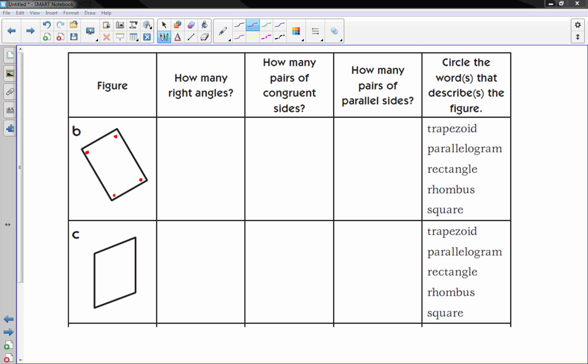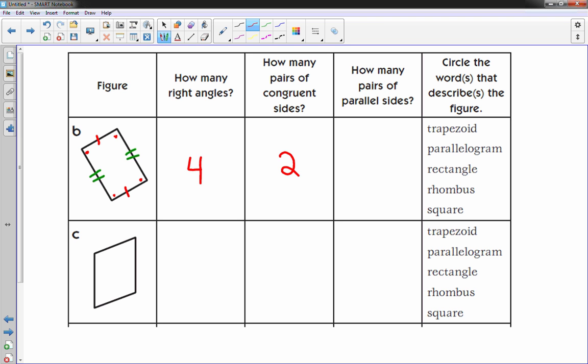I'm guessing that you might agree with me at home. How many pairs of congruent sides? It appears to me that this is congruent with this, and this is congruent with this. So that would be two pairs of congruent sides.